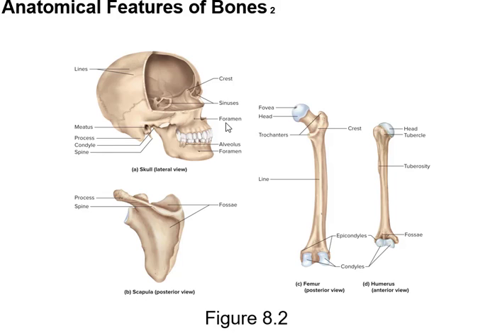But if it's a hole that something passes through, it could be a foramen or a canal. Something that sticks out sharply could be a spine. Like this is a spine. But this part of the scapula is also considered to be a spine.